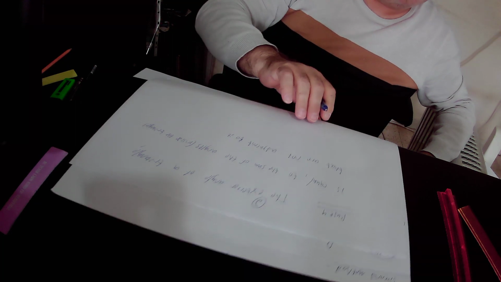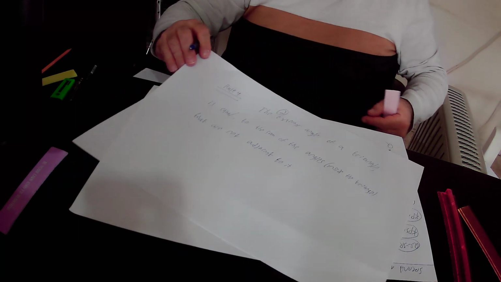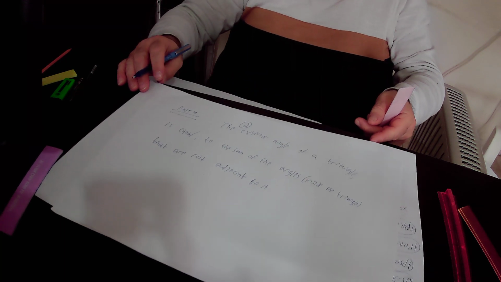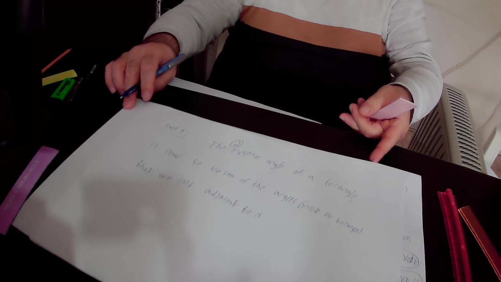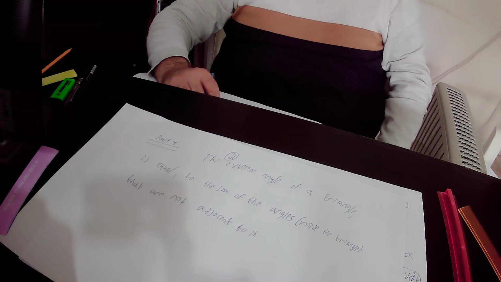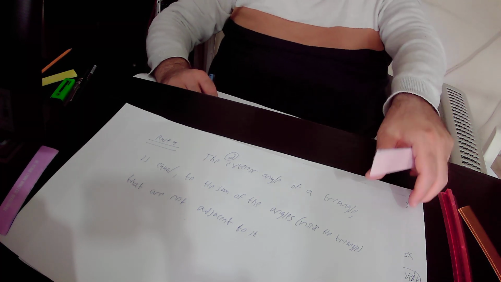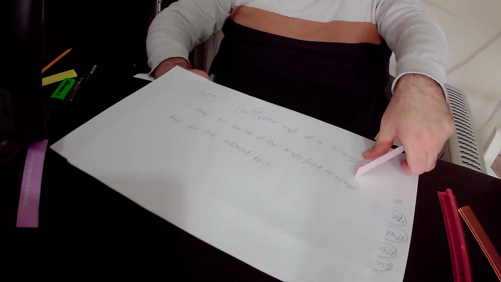I'll read rule number 4 again. According to rule number 4, the exterior angle of a triangle is equal to the sum of the angles inside the triangle that are not adjacent to it. So what is the meaning of rule number 4?